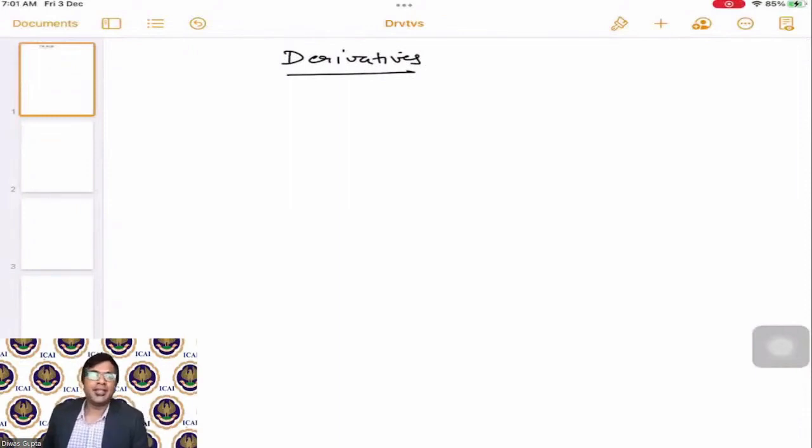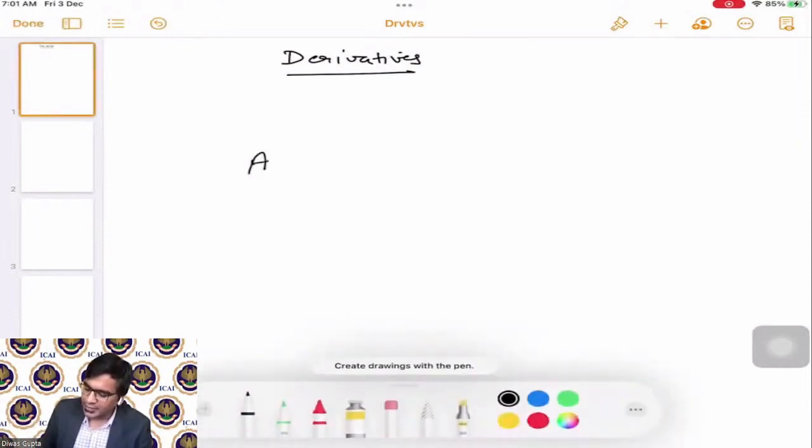So derivatives are financial instruments. First of all, let us start with what is a derivative.